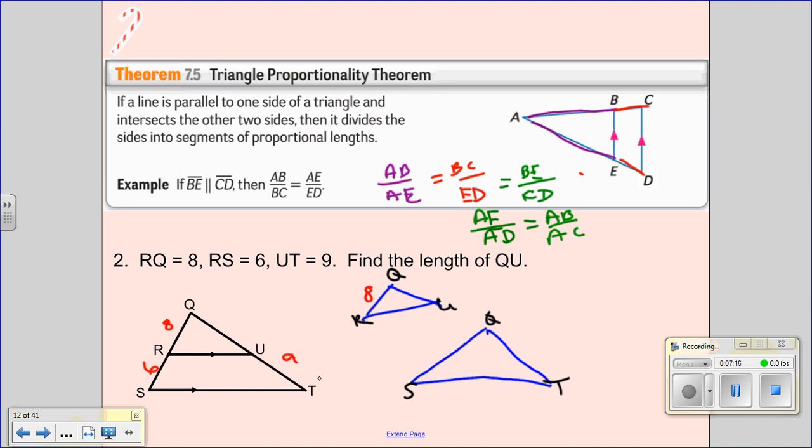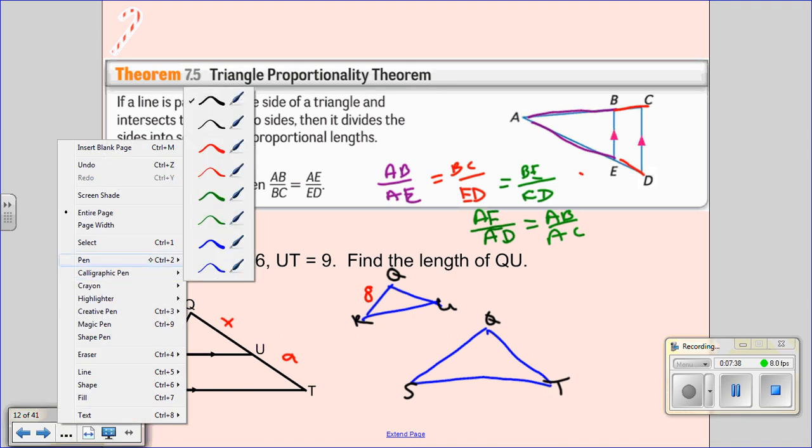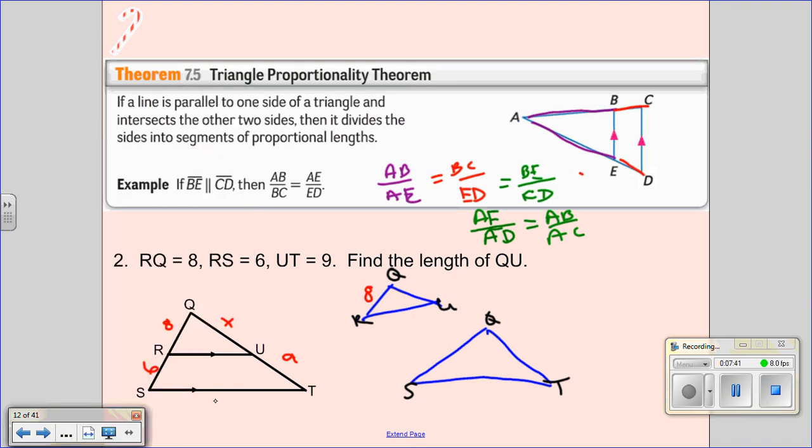So you have several ways of going about finding the length of QU, which we call the X. One way to do it is to notice that, again, QR over RS is going to equal QU over UT. That's one way of doing it.